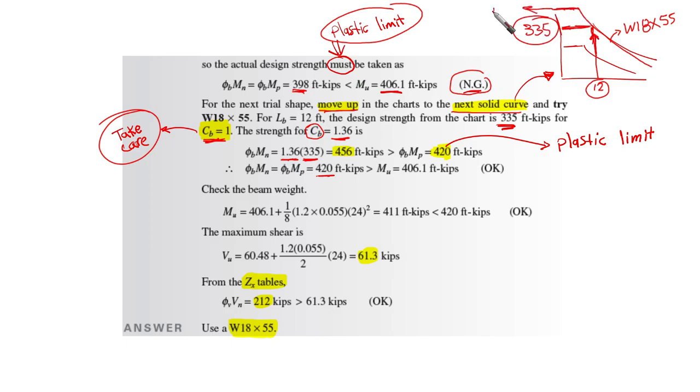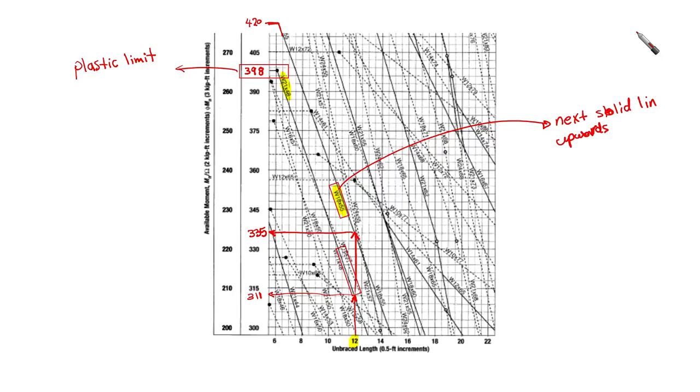It is 420, the plastic limit for wide flange W18 by 55. You can obtain it from the curve here: if you go up, you find the horizontal line ends at 420.